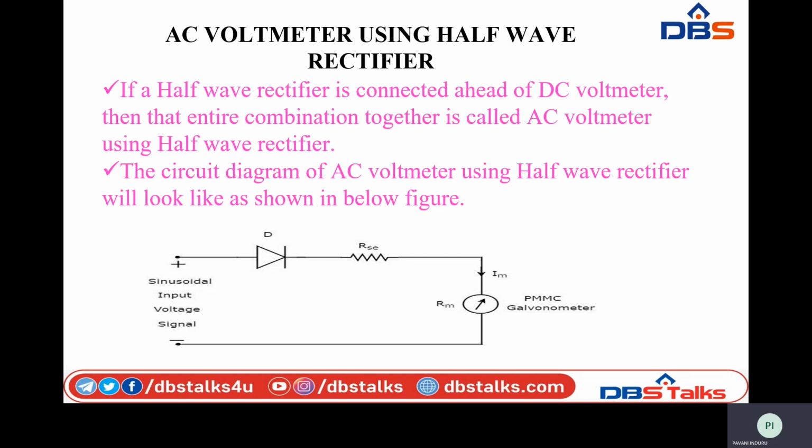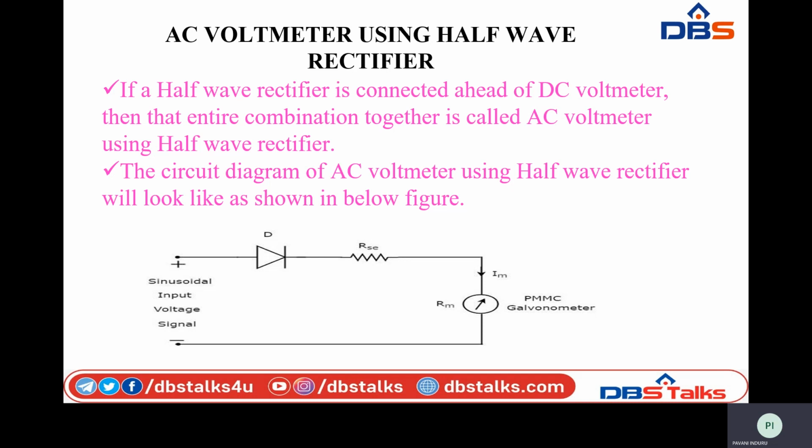Here, during the positive half cycle of the applied input signal, the diode is forward biased and allows the current to pass through it, such that the average DC value is determined.